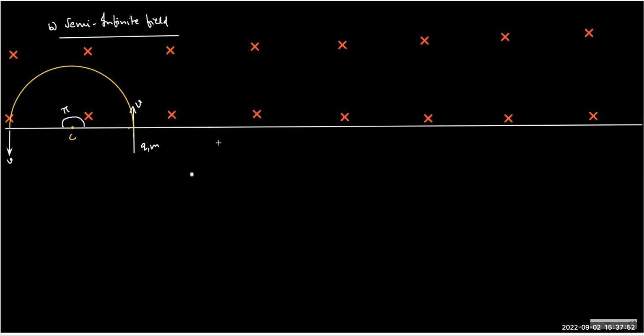That's called the magnetic time of flight. So we can simply say theta equals omega t, so t is pi by omega.